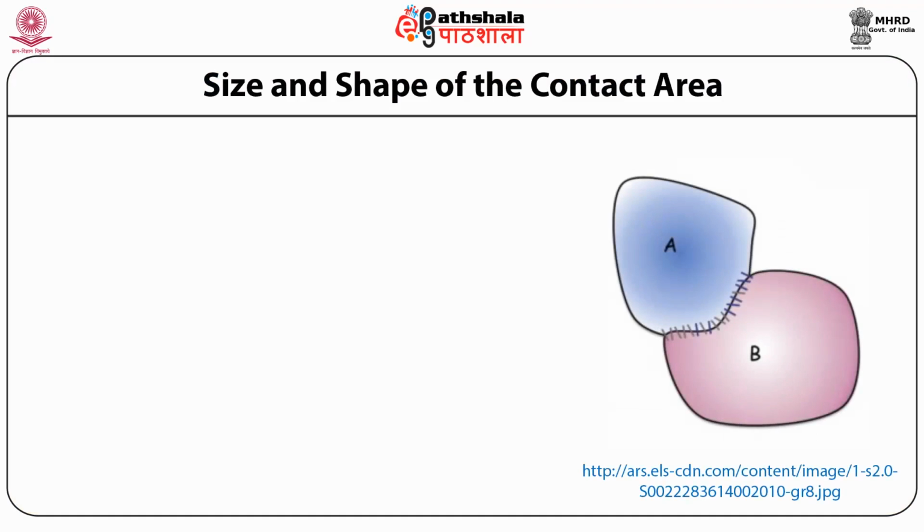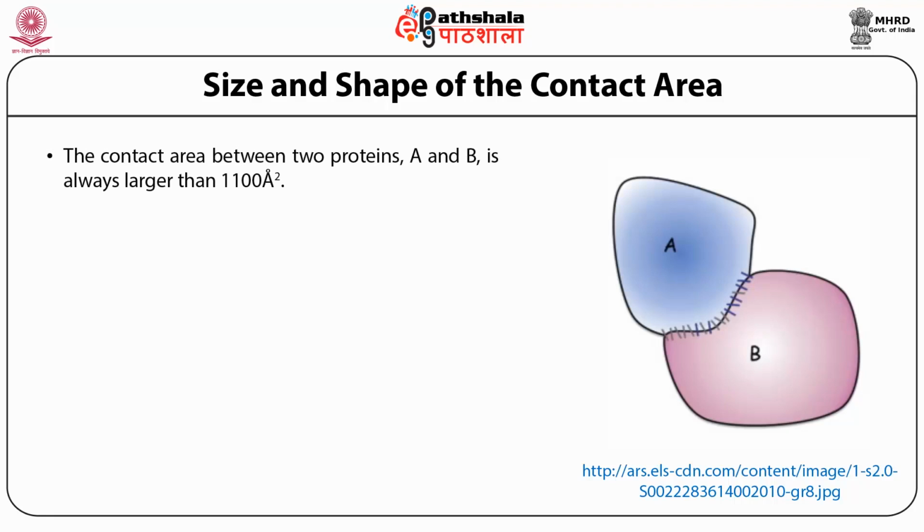So the size and the shape of the contact area is a critical determinant in the interaction of proteins. So for example, if you look at the interaction between protein A and protein B, studies have shown that the interface of the contact area is almost always larger than 1100 angstrom squared. And each protein contributes about equally, so about 500 to 600 angstroms is contributed by each protein.